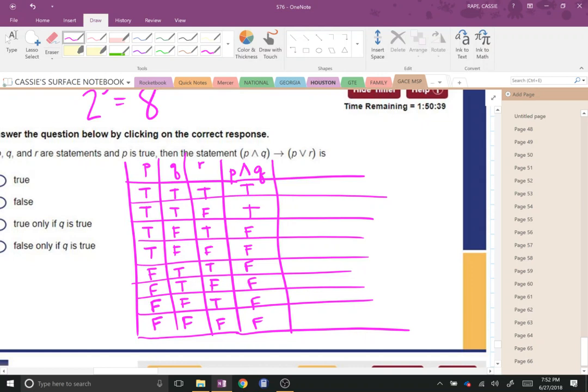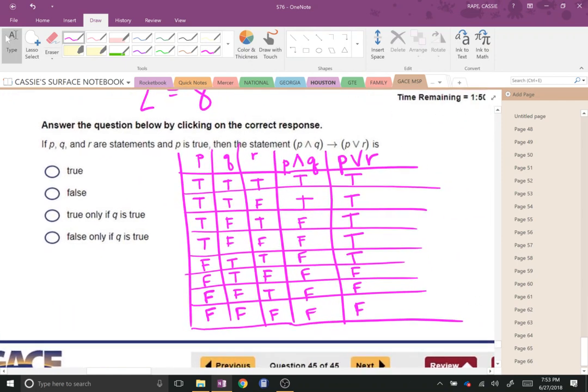All right. What it wants to know is then P or R. If either of them is true, I can put true. So that's true. That's true. This is a true. This is a true. That's a true. That's a false, false, false.